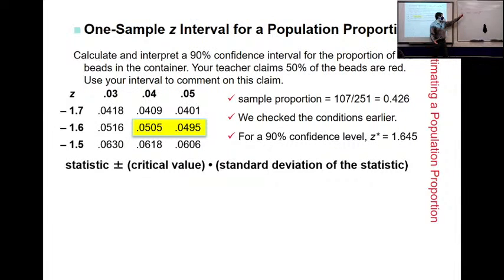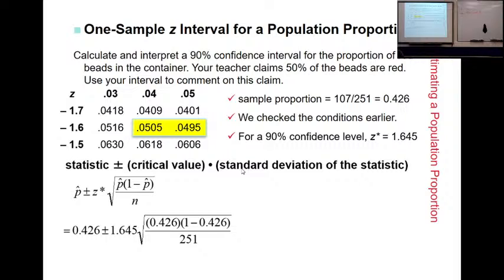Statistic, that's p hat here. Plus or minus. Critical value, that's my z-score here, the 1.645. Times the standard deviation of the statistic. That's this. We're using p hat instead of p because we don't know what p is. And so it's going to be my 0.426 plus or minus my critical value, the z-score, times that standard deviation formula. There it is.